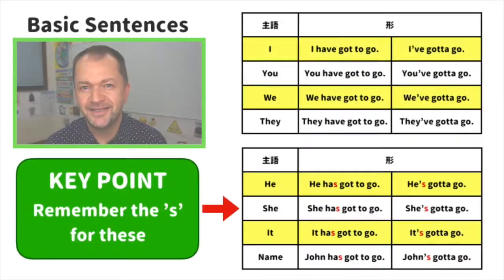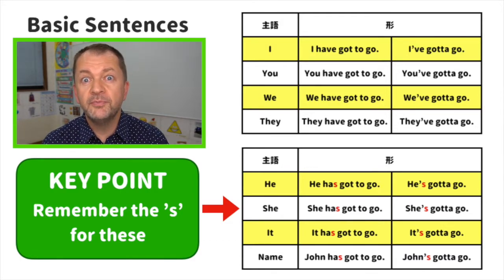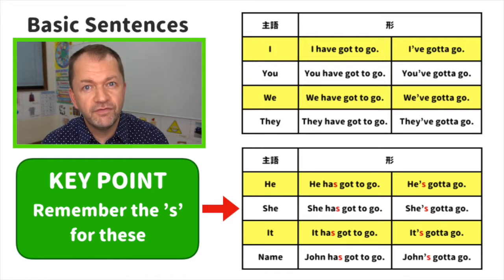Here is the basic grammar setup. In all of these examples, I'm going to use the verb go, just to keep things simple. Basic sentences. When we use the personal pronouns I, you, they, and we use the word have.